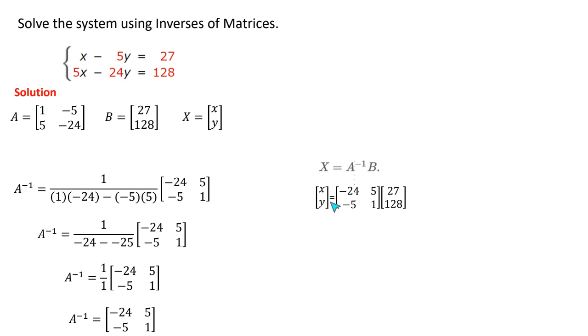And so now I can plug it into our equation here. So I have my variables equal to my inverse, which I just found, and then our constants. To find the answer, we're going to multiply these two matrices. We're looking at this row with this column, and then we'll look at the second column as well.